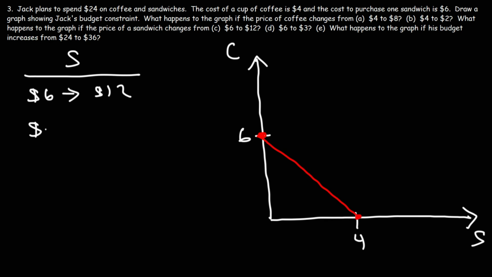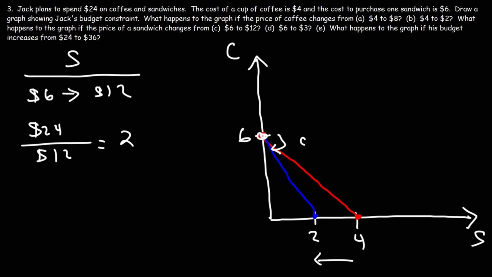So given a budget of $24 divided by the new price of $12, he can now only buy a maximum of 2 sandwiches. So this time, the x-intercept moves along the x-axis towards the origin. So now we can draw the new budget constraint graph. So notice, with respect to the y-intercept, the graph rotates in the clockwise direction.